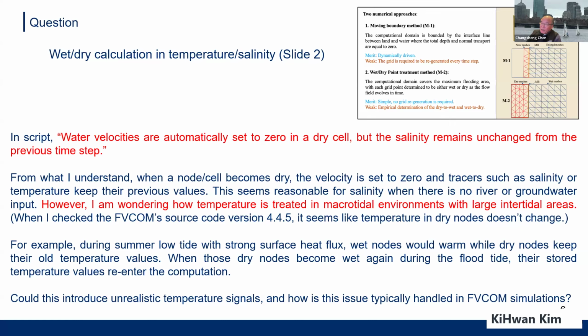So he determined the heat budget and temperature based on the data. He came out with some kind of empirical formula to determine the temperature reached by the mud and the sediment in the wetland. I completely understand this issue. We have the same problem, right? If you look at temperature changes, FVCOM so far has not resolved that.